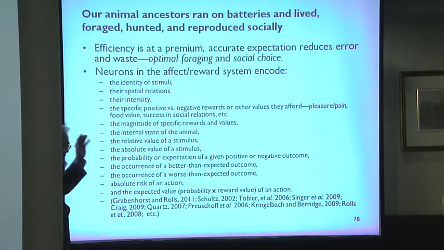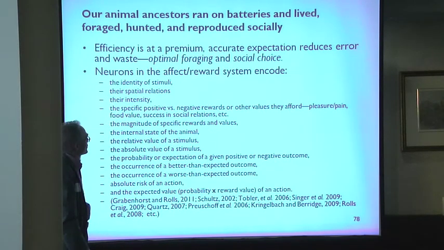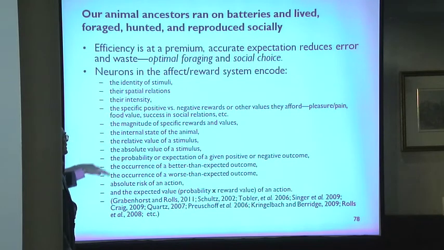And because they're animals, you can put microelectrodes into them, and you can discover that there are neurons in the affect reward system that encode the following information: identity of stimuli, spatial relations, intensity, specific positive and negative rewards, the magnitude, the internal state of the animal, the deprivation state, the relative value of the stimulus, the absolute value.